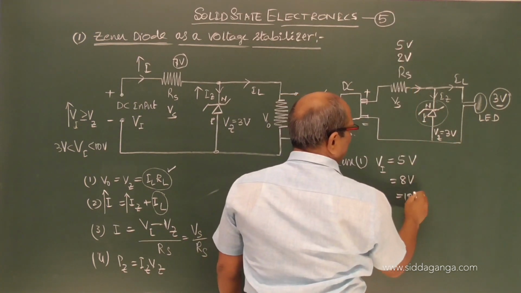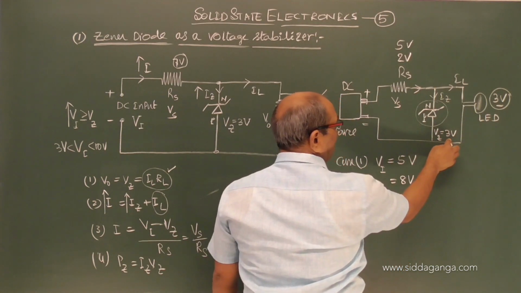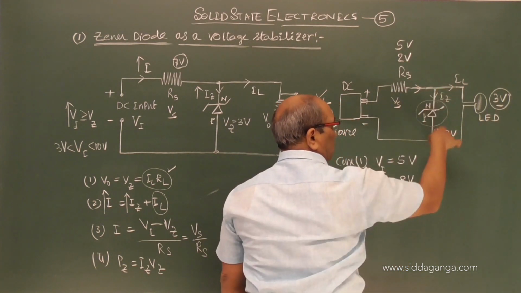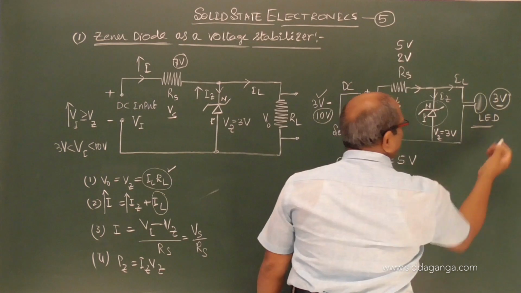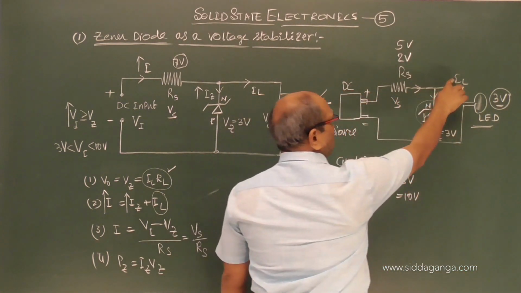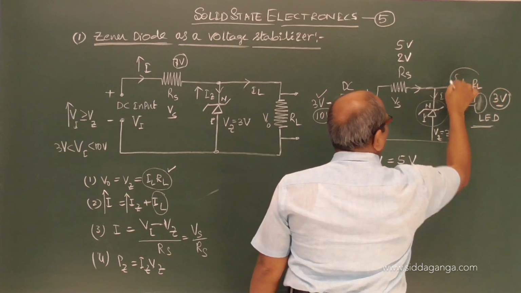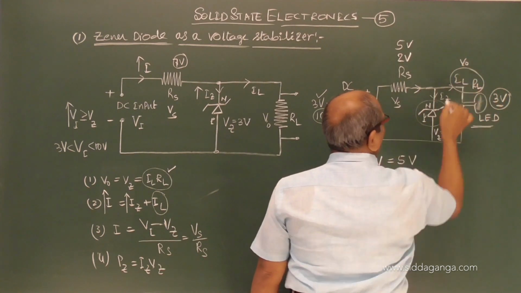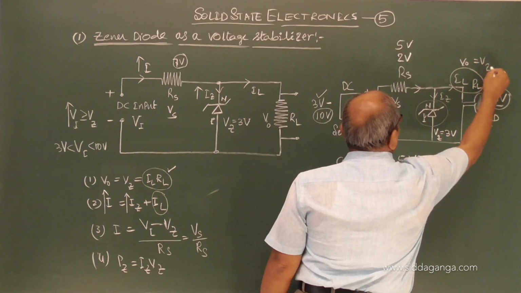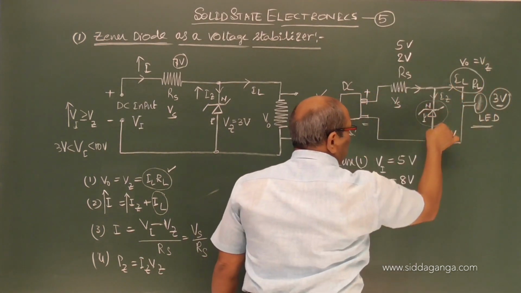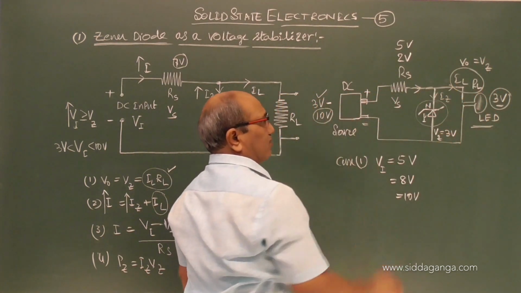Suppose it becomes 10 volt, this remains 3, because higher current will come through the Zener diode, and it will constantly work at 3 volt because IL remains the same. The product of the LED's resistance and current, which I am calling V0, equals Vz and remains the same, but the current increases without changing the voltage.